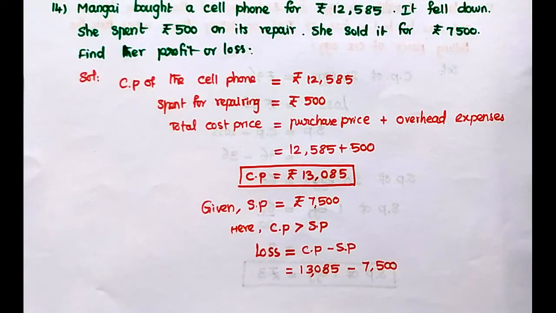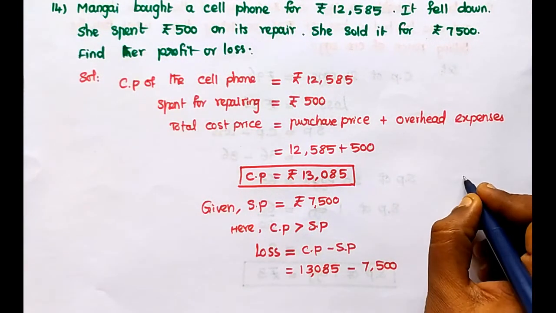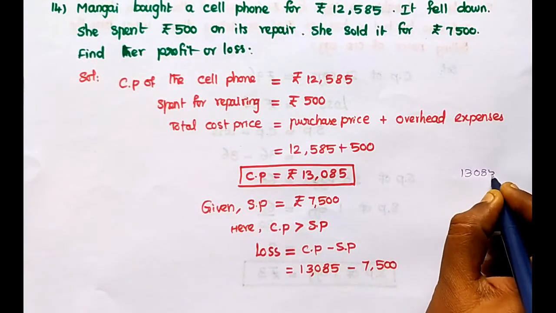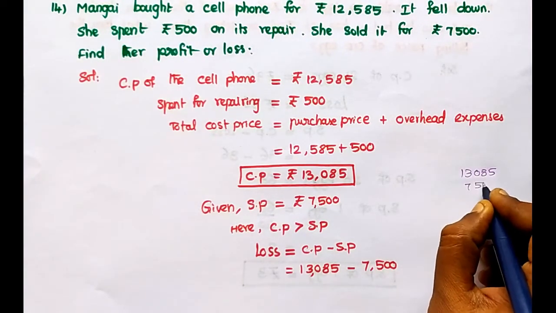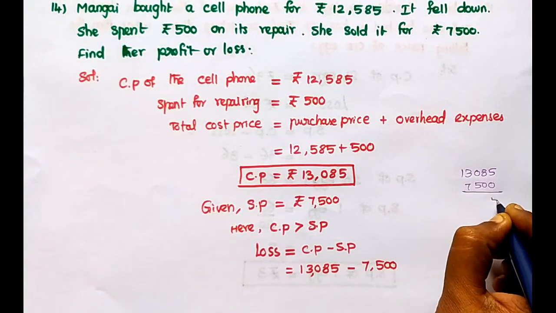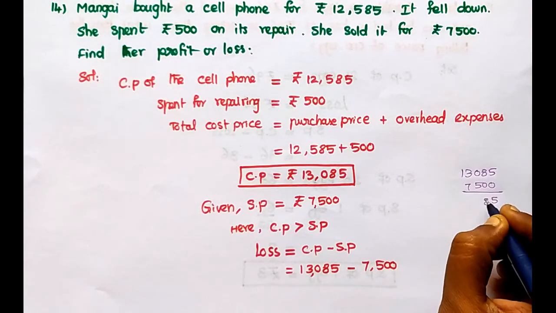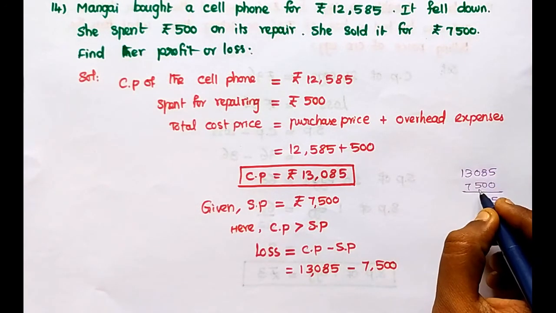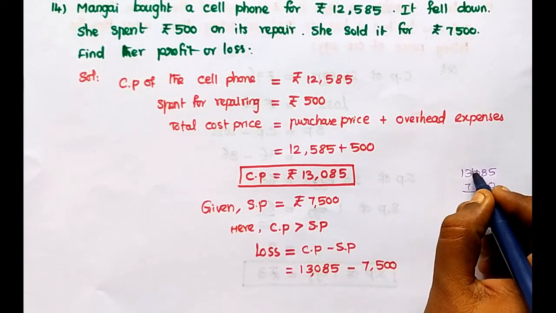Now subtract these numbers. 13,085 minus 7,500. 5 minus 0, 5. 8 minus 0, 8. 0 minus 5 is not possible, so borrow 1 from here.